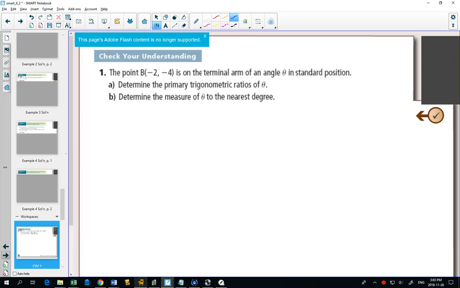This is a trigonometry unit, and so our main strategy in trigonometry will be to draw, and this is multiple choice, a square, rectangle, circle, or triangle? Yes. Good job.